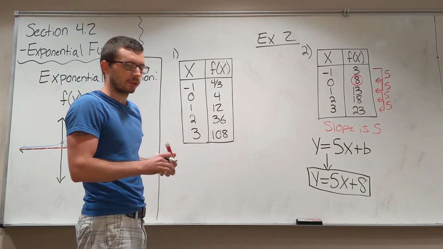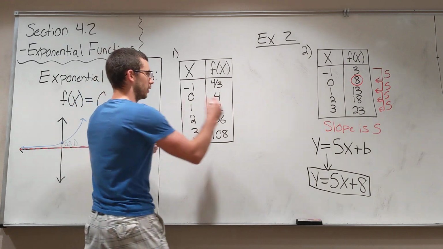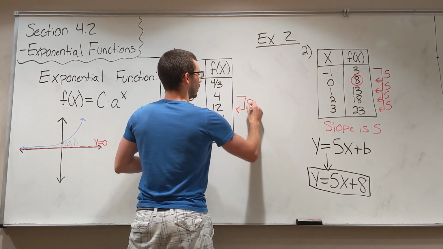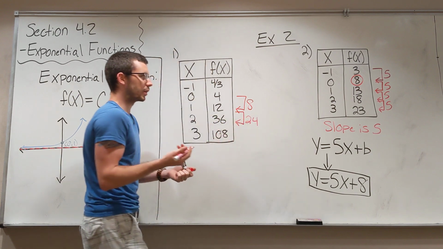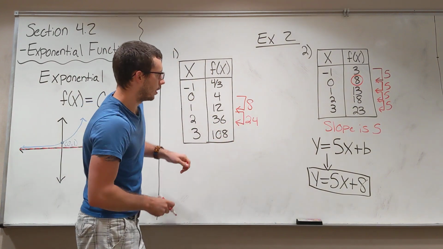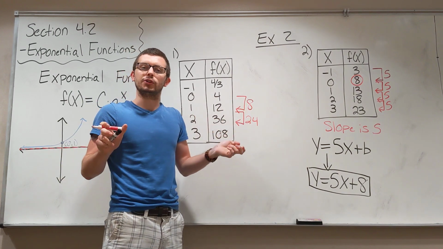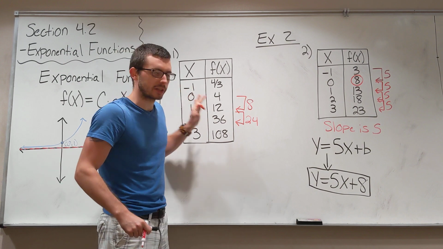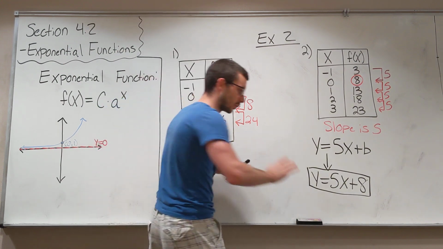So if we consider that same option of determining the displacements, that would be 8, and this would be 24. Notice we don't get the same number, and by virtue of that we can determine that this is not linear. So we have to try something else now.